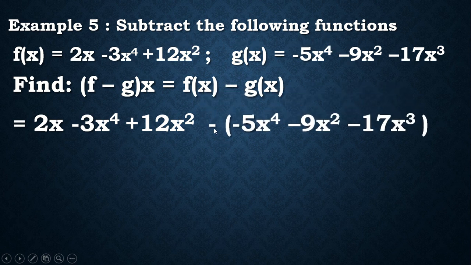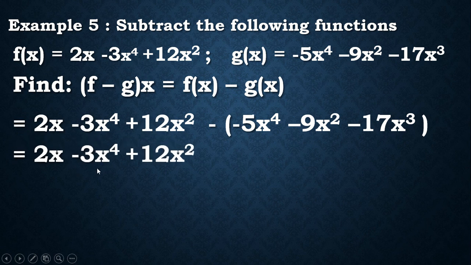So we have minus, or subtraction. And then we have to enclose the g of x in parentheses for us to emphasize the operation, which is subtraction. And then copy the f of x, which is 2x minus 3x to the fourth plus 12x squared.